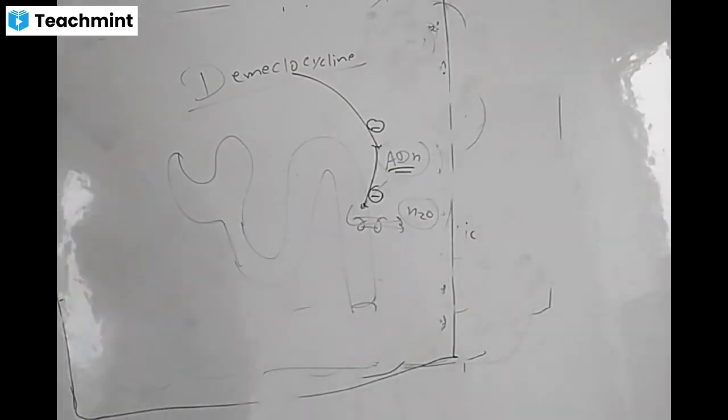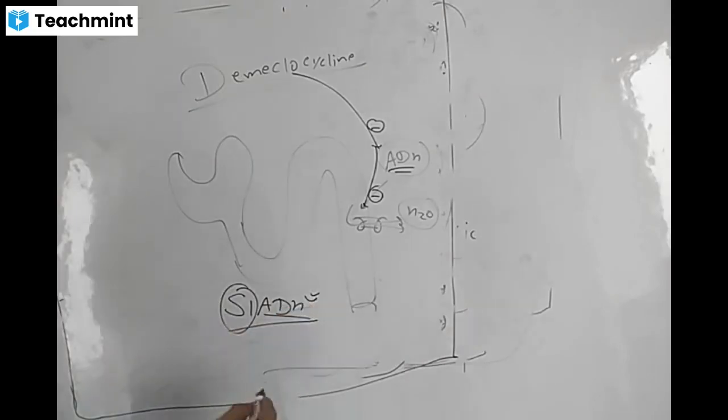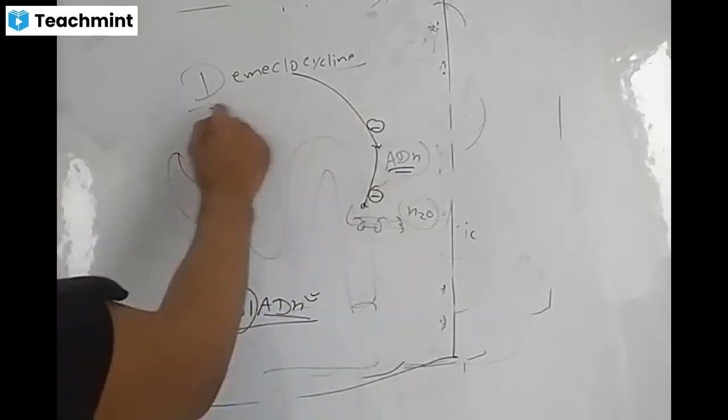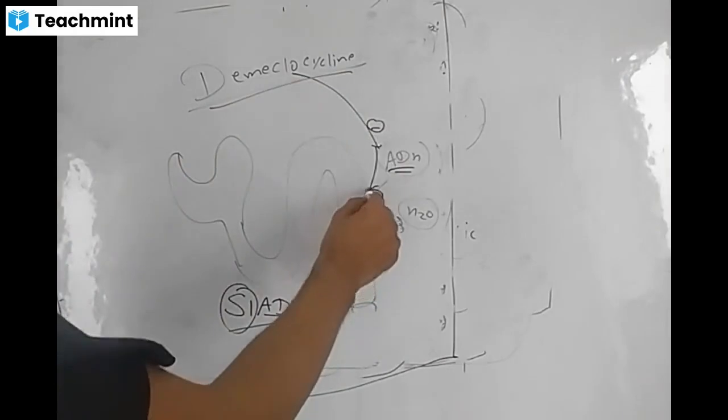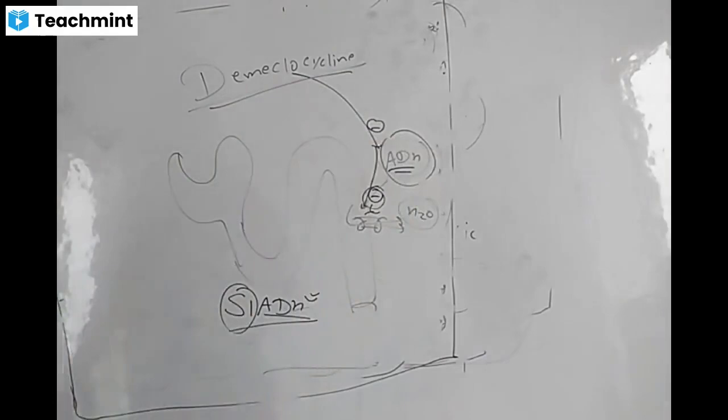So we use this drug in SIADH, syndrome of inappropriate excessive secretion of ADH. If more ADH comes, we give demeclocycline. It will inhibit its receptors and the excess will not work. So this is related to demeclocycline.